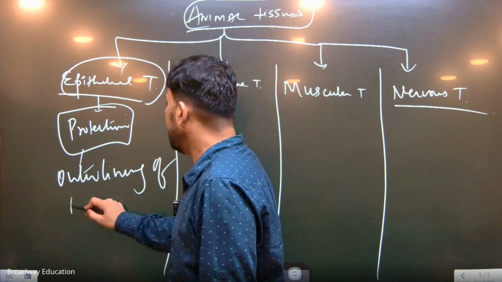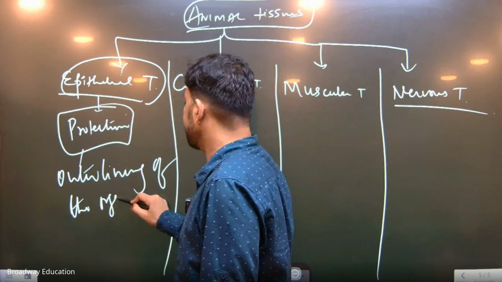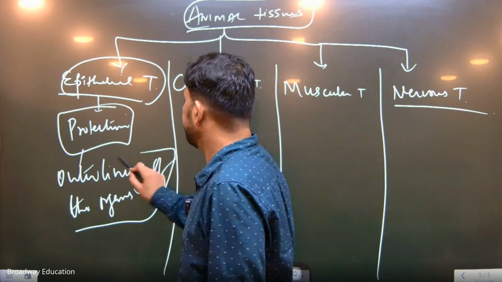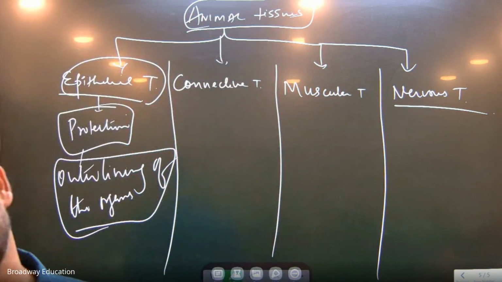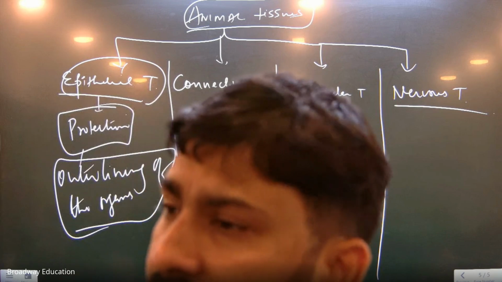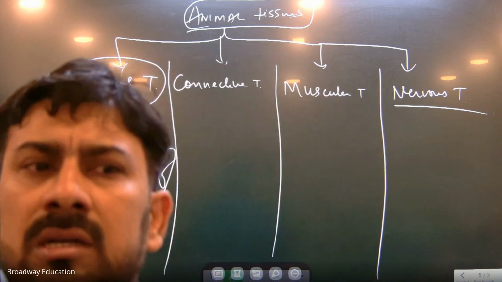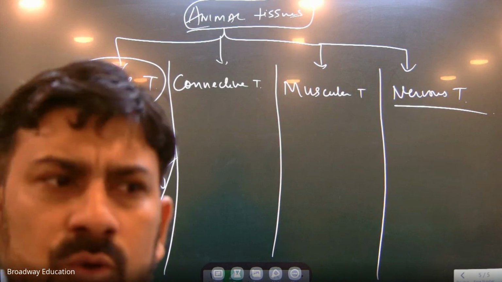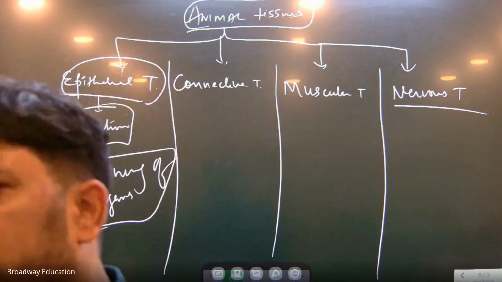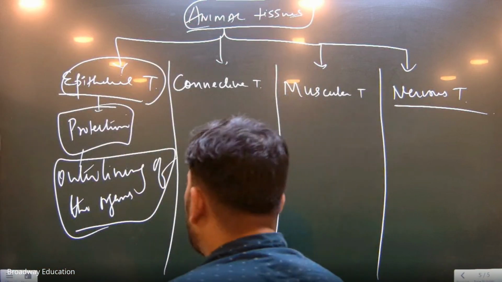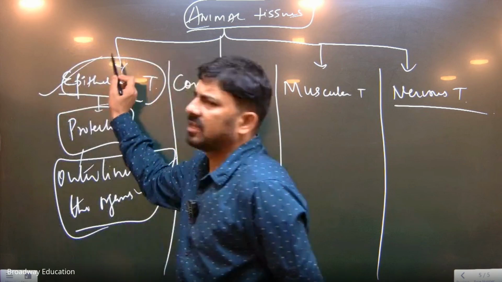Outer lining of the organs, such as gut, intestinal walls, or kidney walls, right? Or in the mouth, right? Lining of the mouth, esophagus, lining of the esophagus, etc., or the skin lining. Getting my point? So all this will be part of epithelial tissues.